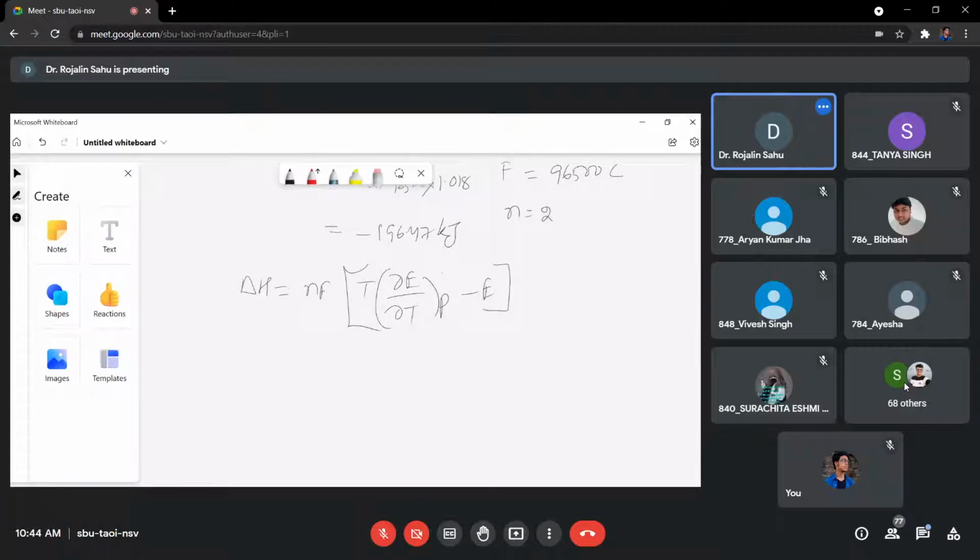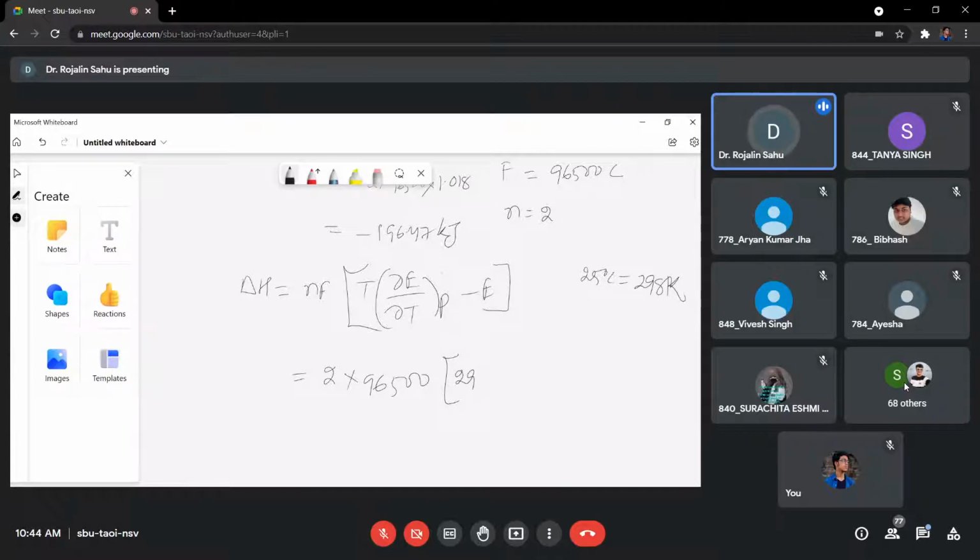Now you put all the values: 2 into 96500. And what is the value of T here? 25 degrees Celsius, so 298 Kelvin.